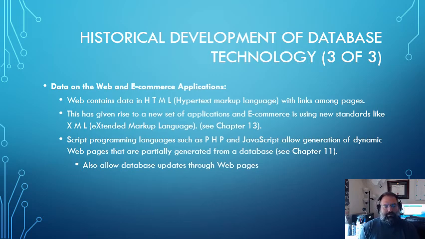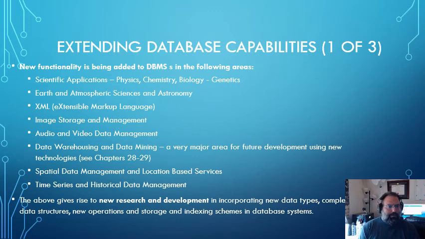They also allow database updates through web pages. That's become kind of the norm, typically through a web service of some sort. You load some code onto your browser. It retrieves some data from a database indirectly, often through an API, and then you do something with it.